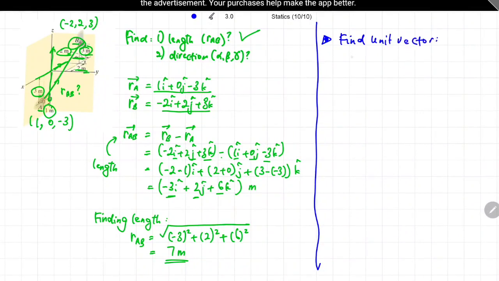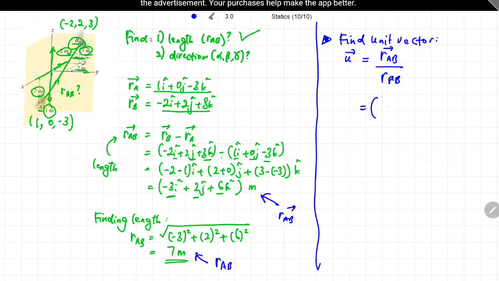If you can recall from the previous slide, we can calculate the unit vector by dividing the vector expression with the magnitude of the vector. So in this case, we can divide the position vector with the magnitude of the position vector. Okay, this would be our position vector and this would be the magnitude of the position vector. So we put that in our equation to determine the unit vector.